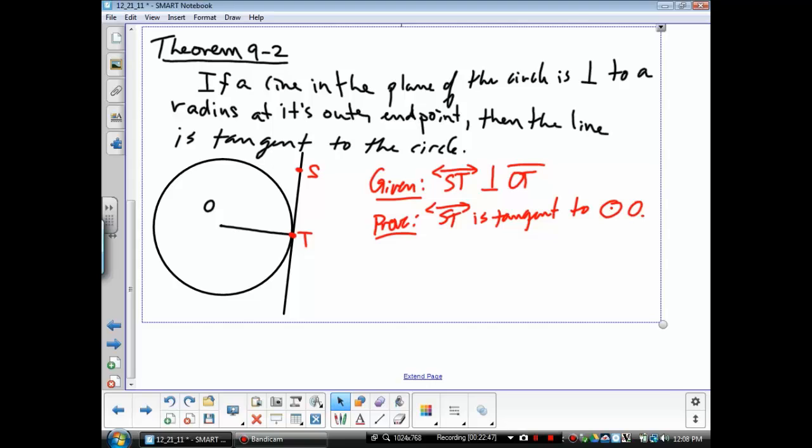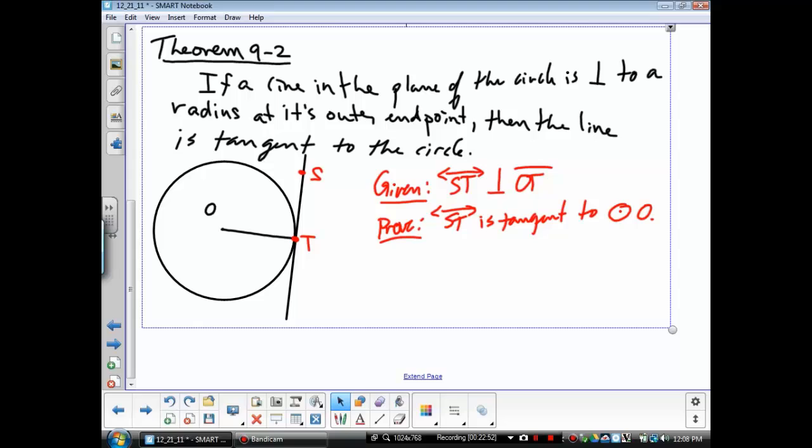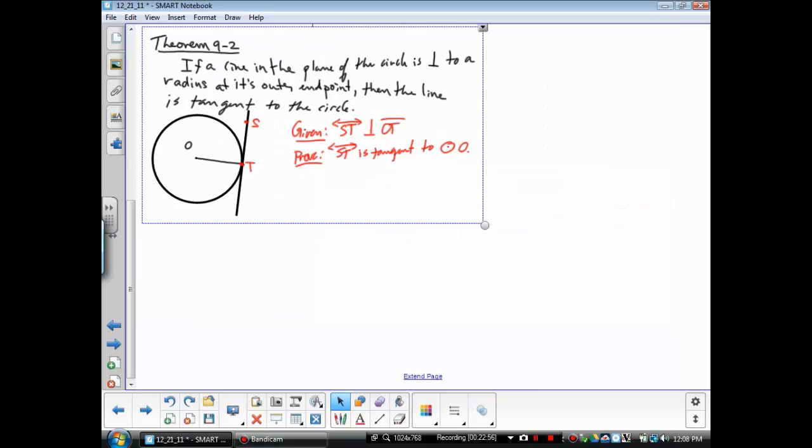The opposite of what you want to prove, that ST is not tangent to circle O. So now we might be able to get through this proof here. We are not going to have an assignment, but I want your attention, okay? So now, we're going to assume temporarily that ST is not tangent to circle O.